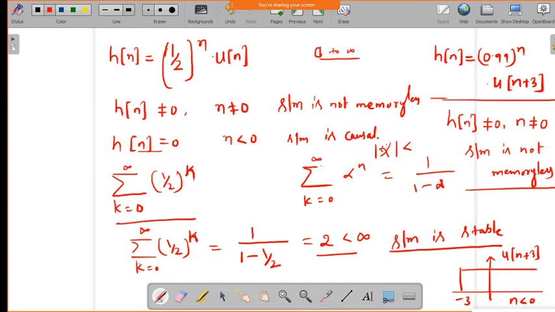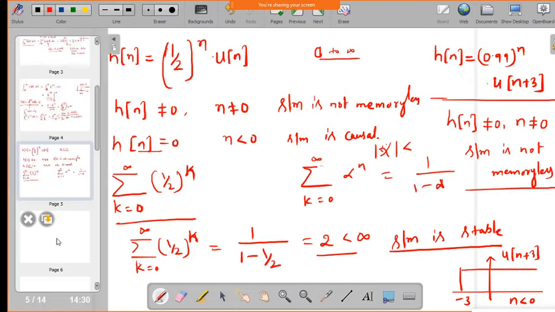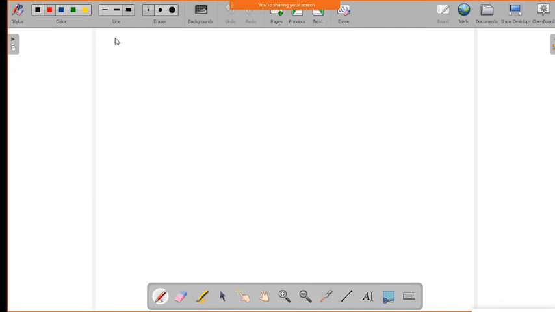No, it is not 0, right? So, that is why h of n is not a causal system, it is non-causal. So, h of n is not equal to 0 for n less than 0. So, that is why the system is non-causal.